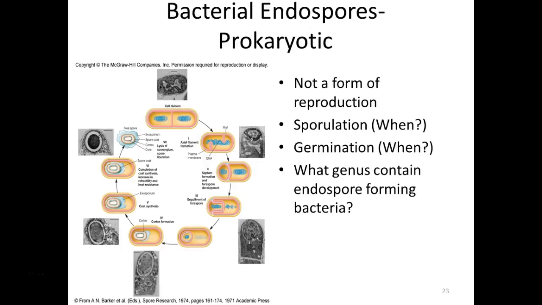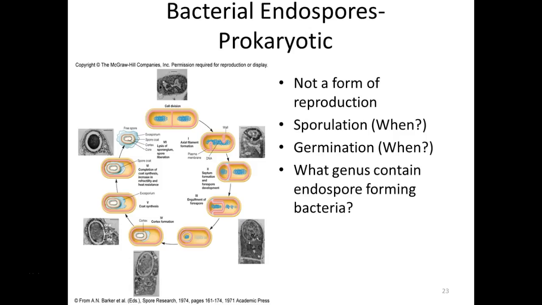And what are you going to protect? What's the most precious thing in your cell that you must protect to survive? The DNA. So what they do is they encase and stabilize the DNA. And of course this is within the cell. So they form layers around a copy of the DNA, and they sequester it and stabilize it so that when conditions become harsh, they can just wait it out.